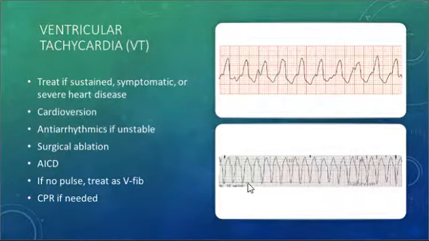This one is even faster than that. But these are both examples of ventricular tachycardia. It is a very regular rhythm with no P waves. QRS is wide and bizarre, but the rhythm is greater than 100.